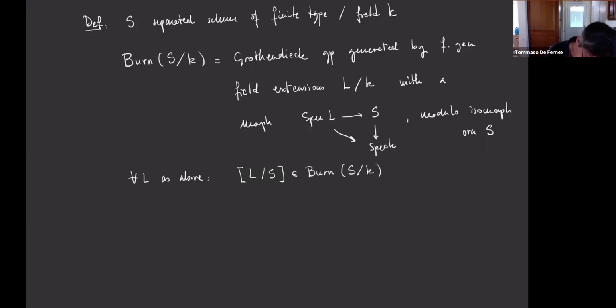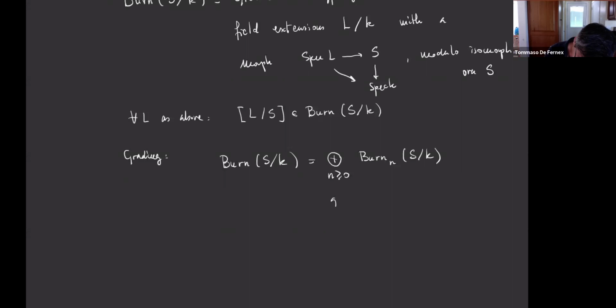And then again, there is a grading. So this group is a graded group, and the grading is given by transcendence degree over K.